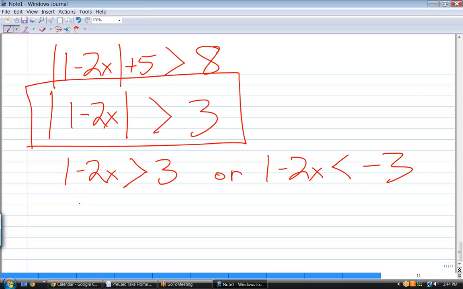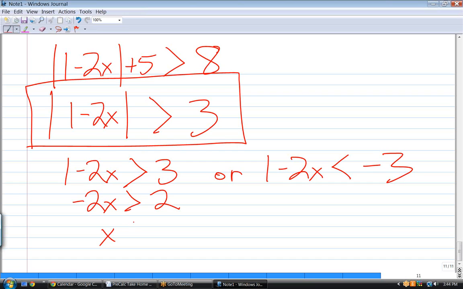3. Okay, now the left side, we're going to be doing the same thing we were doing, so it's going to be negative 2x is greater than 2. And then we're going to be dividing and isolating our x. So x would be greater than negative 1. Not greater. Remember, we're dividing by a negative number to get x.